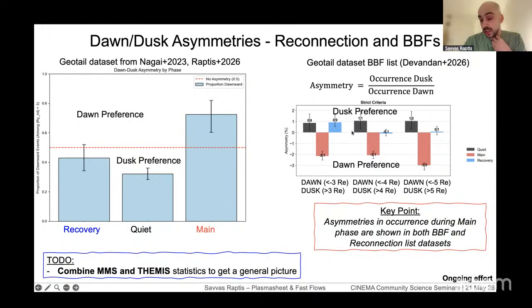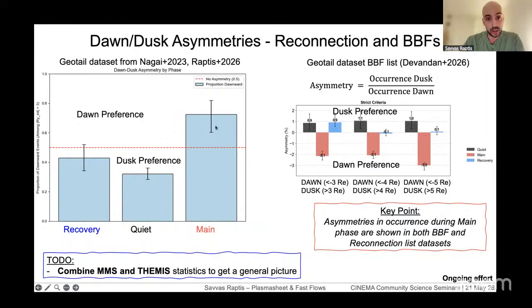Similarly, if we do the same with the bursty bulk flow list from Anusri's paper at the beginning of this year, we get a similar dawnside preference for the main phase, which is shown in red here, and a dusk preference for the others. Don't take those values too seriously because this is an ongoing effort.